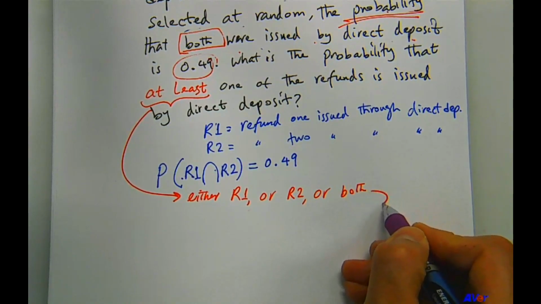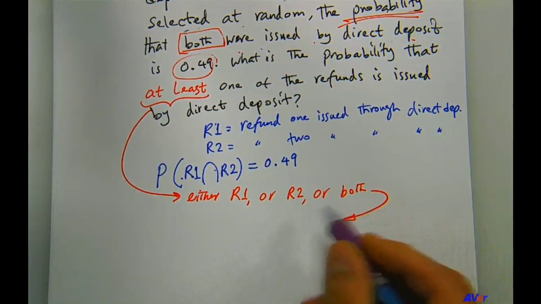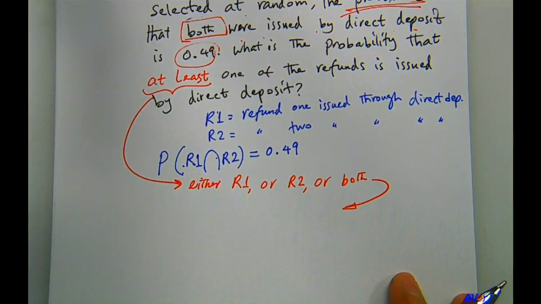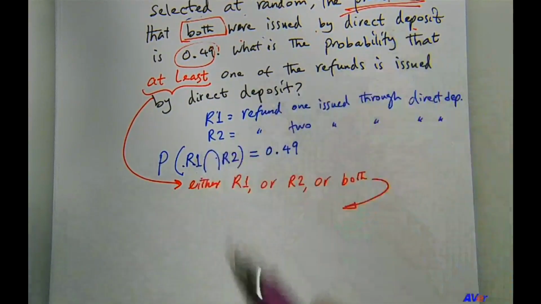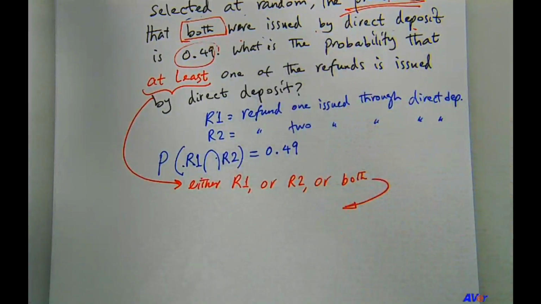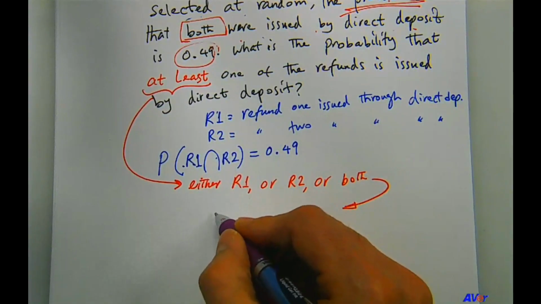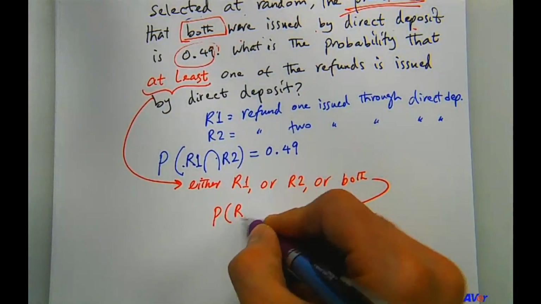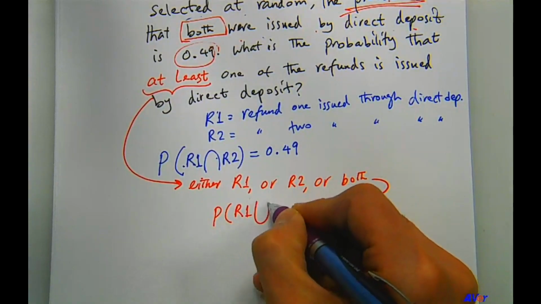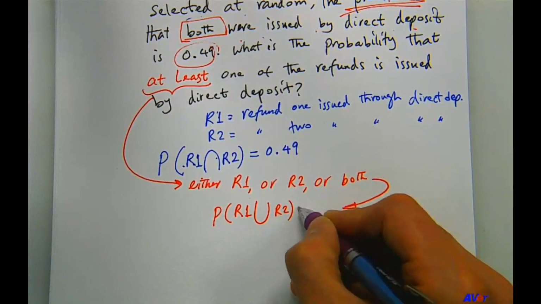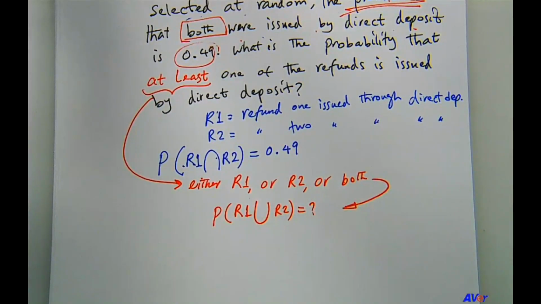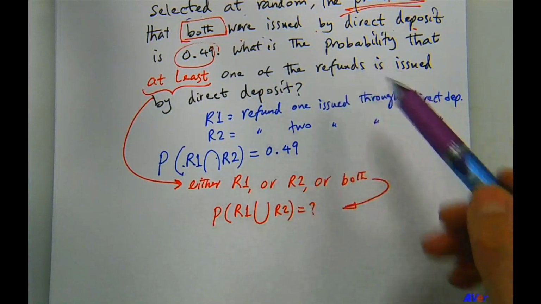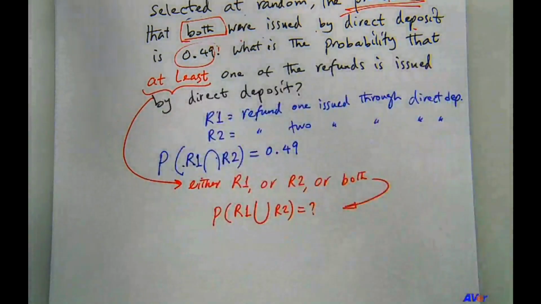So what we're really looking for in symbolic terms, to give life to that statement in mathematical terms, is the probability that refund 1 union refund 2 was issued through direct deposit. That's what the question is asking about: what is the probability that at least one of the refunds is issued by direct deposit? So they're asking for the union event.